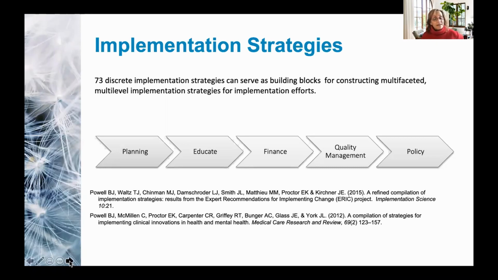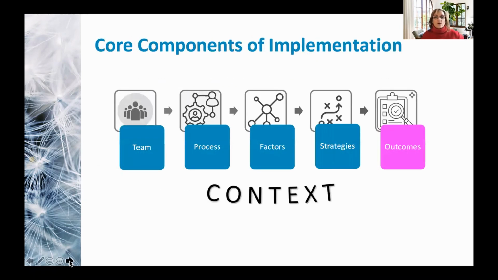In Canada we might think of them as KT strategies, but they're implementation strategies, identifying 73 different strategies that address different types of barriers, and that can be grouped, as you see here, as different types of strategies. And so you pick your strategies based on what you need to address.